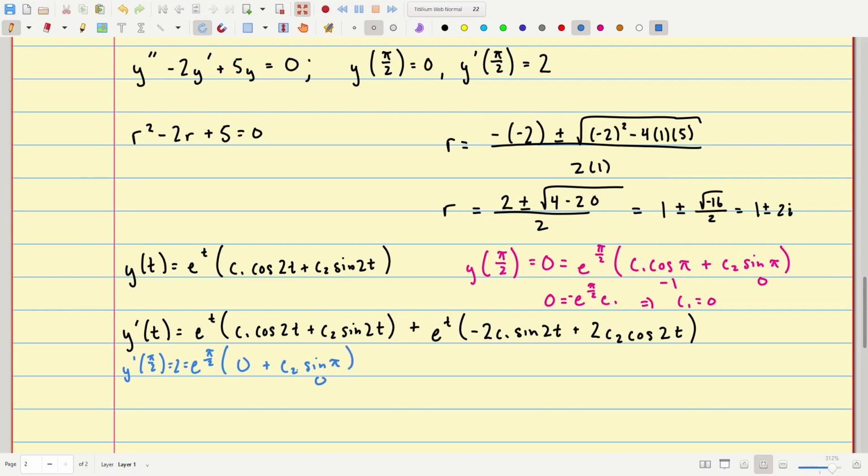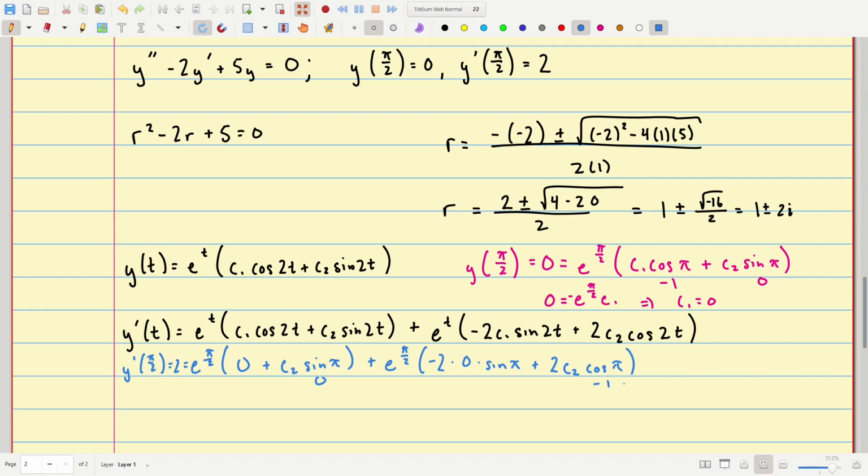That's also going to go away because sine of pi is 0. Plus e to the pi halves, -2 times 0 times sine of pi. Plus 2 c2 cosine pi, which we know is -1.